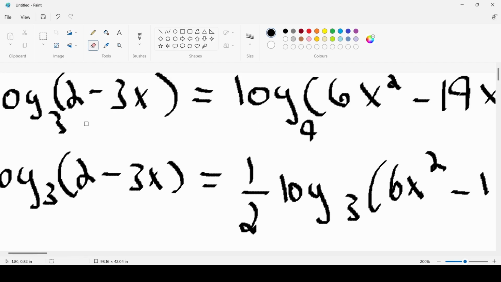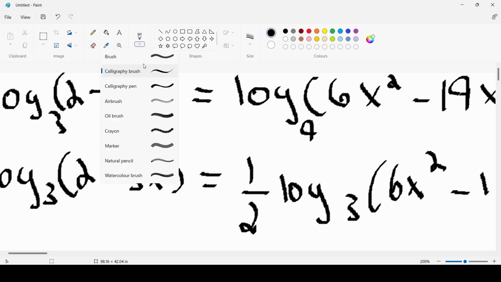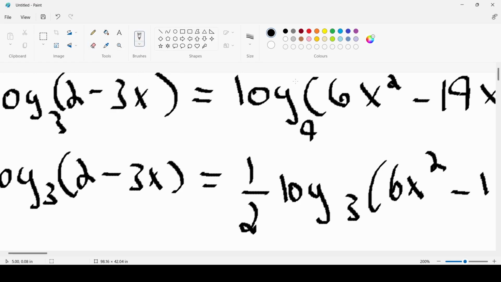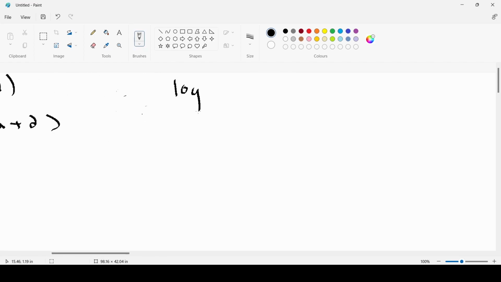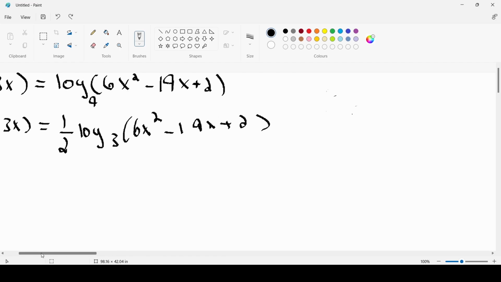If you don't want to do it that way, you can always remember that when you rewrite the power, this is one identity you can use: log base a to the y of x is going to equal 1 over y times log base a of x. You can try that, but the whole thing I showed you before is how you derive the identity.